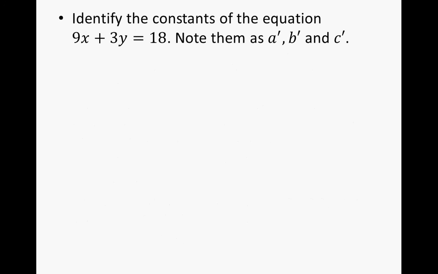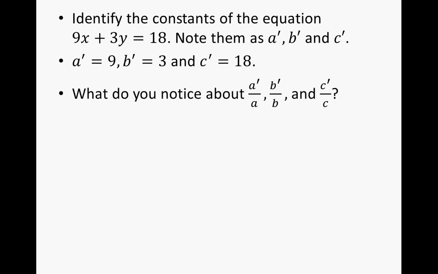So now identify the constants of the equation 9x plus 3y equals 18, and note them as a prime, b prime, and c prime. Well, you'd have a prime is 9, b prime is 3, and c prime is 18.